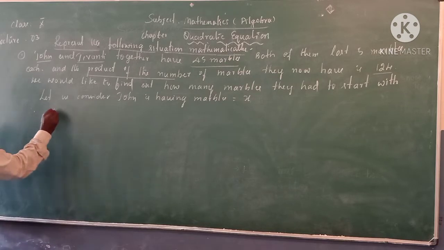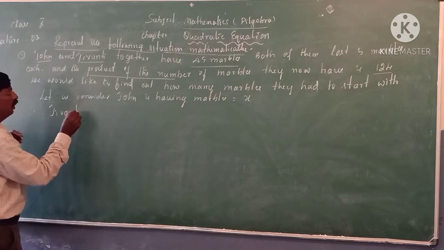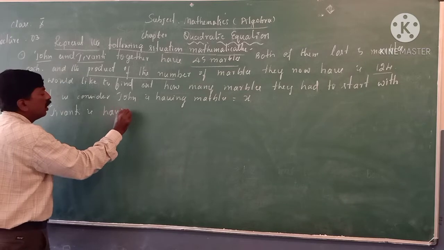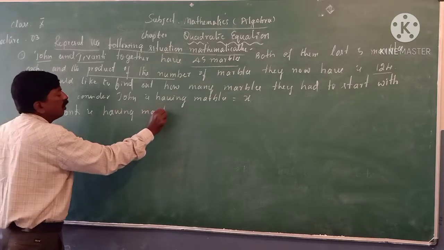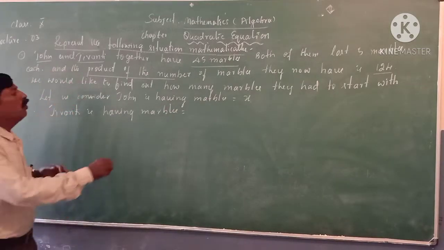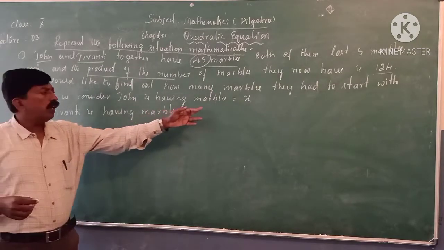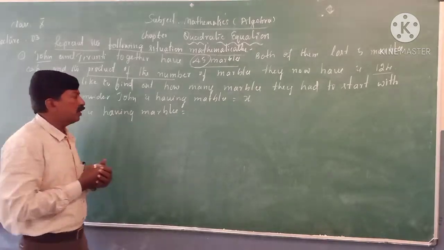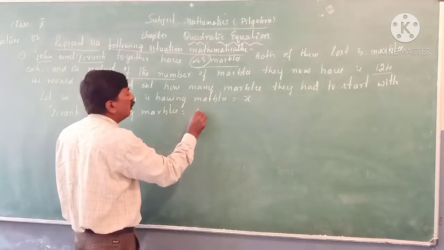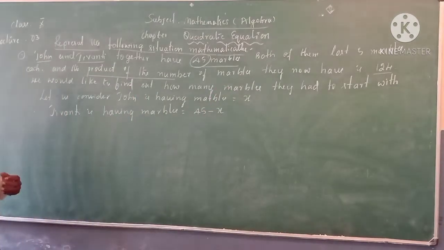Therefore, Jeevanti is having marbles. How much? Read the statement. Both of them together have 45. In that 45, John already has x marbles. Therefore, the total is 45, and you subtract x. That is 45 minus x.